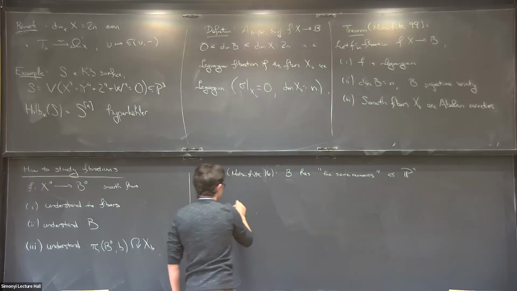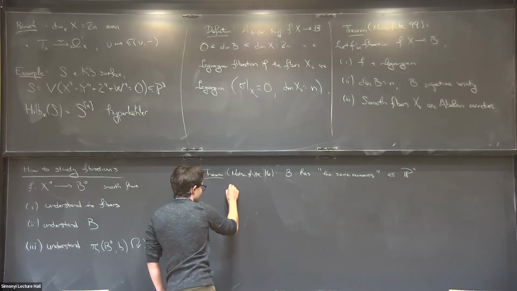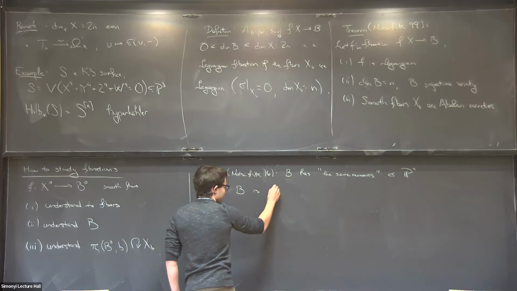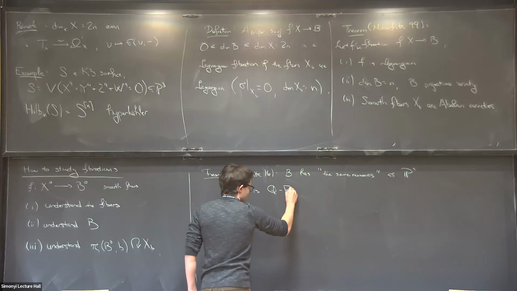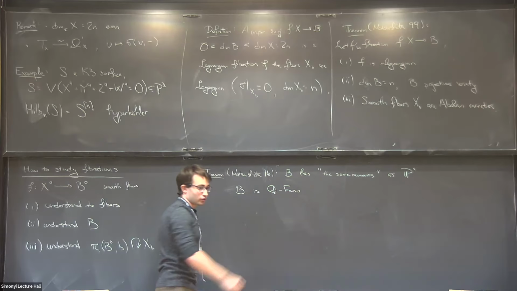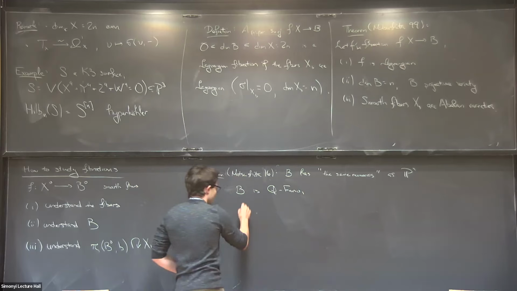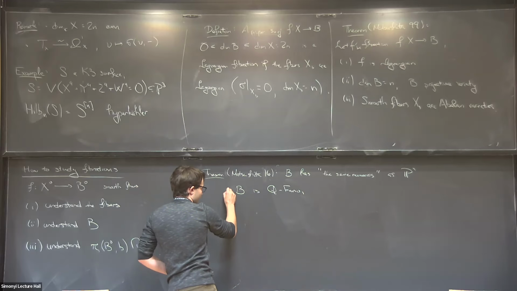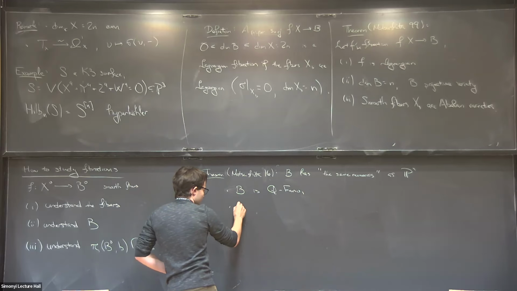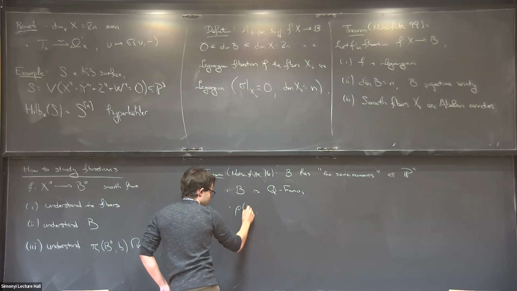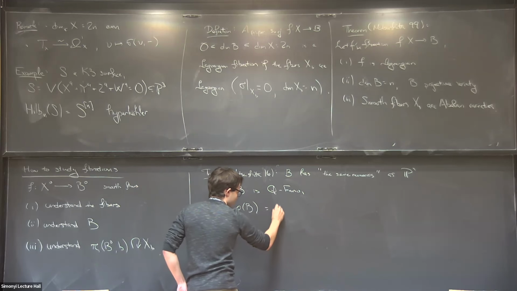For example, projective space is Fano, so B might be singular, but it is Q-Fano, which means its canonical divisor is Q-ample. Also, projective space has Picard rank 1, and B also has Picard rank 1.